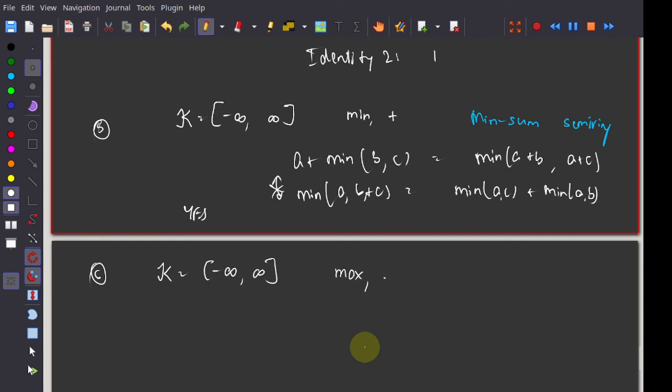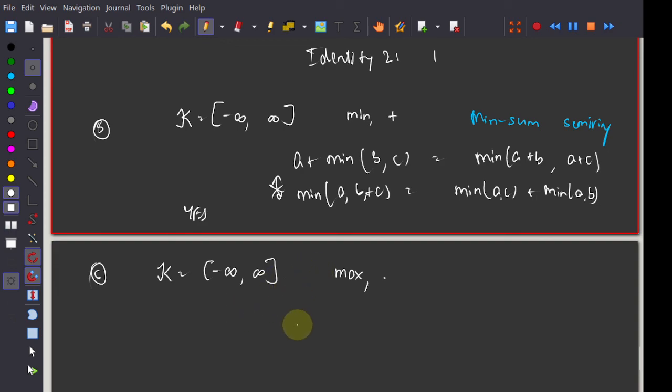Okay, so now this is a different set. Again, max product. Is this a semiring? So first, again, is it commutative? Yes, commutative, associativity is true for both.